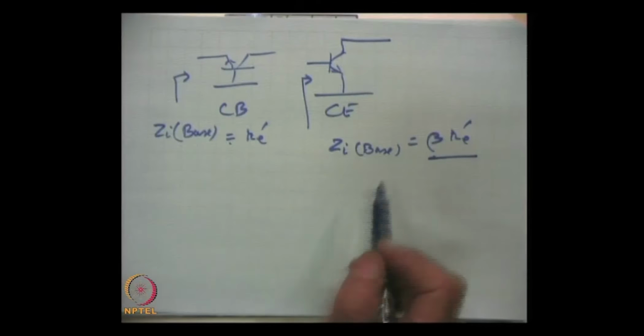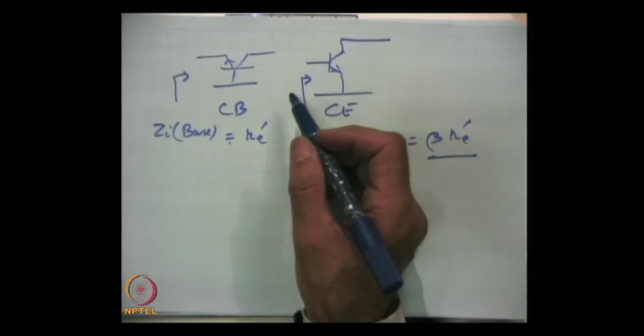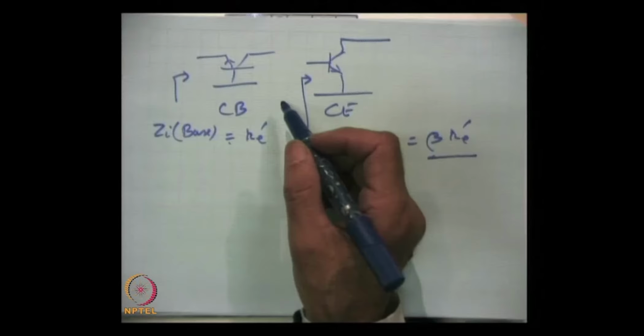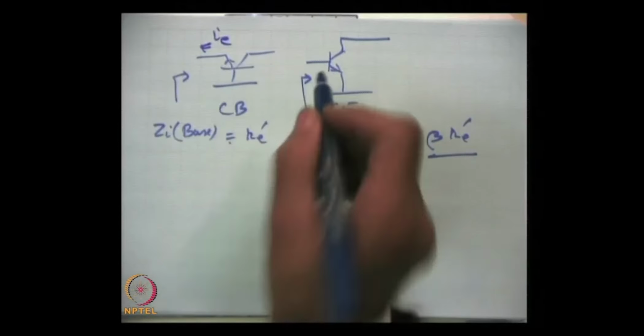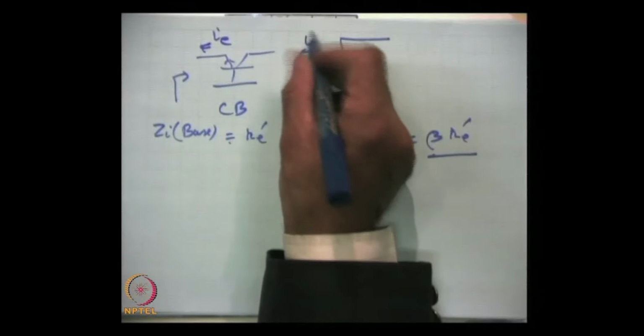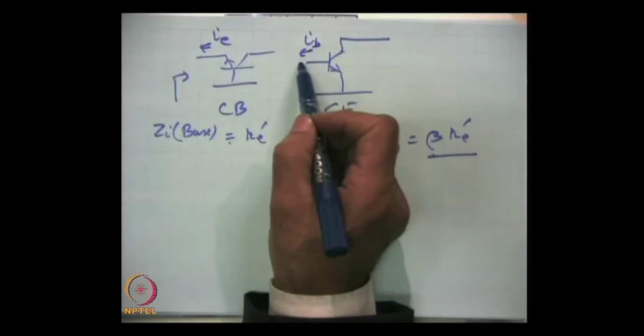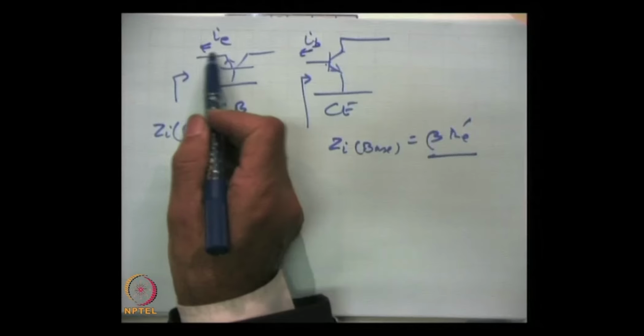Not difficult to find the reason. How do we know the input impedance for any circuit? It depends on what current it draws. If it draws a very small current, then the impedance is high, maintaining the same voltage. Here the current it will draw is I E, here it will draw I B. Input current is this, here input current is I e.